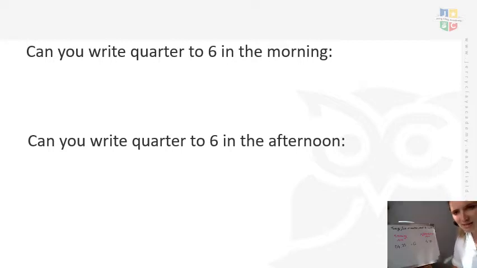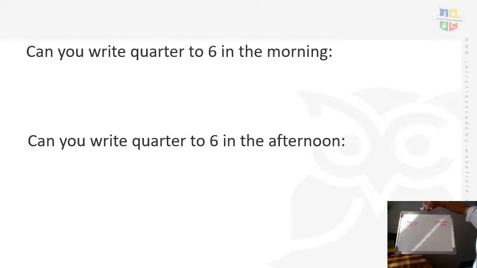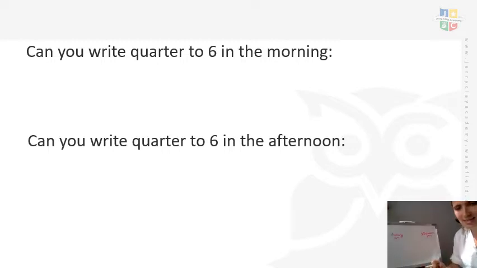Okay, this one gets a little bit more challenging because this one says, can you write 5:45 in the morning and 5:45 in the afternoon? But remember, when we are writing this on a digital clock, we don't want to know how many minutes to the 6, we want to know how many minutes has passed.